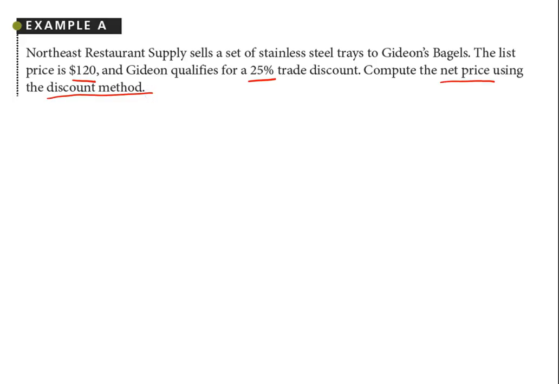The first thing I want to do is to break down this word problem and just list what is given to us. We do have a list price, and it tells us that the list price is $120. And there's also a trade discount of 25%.